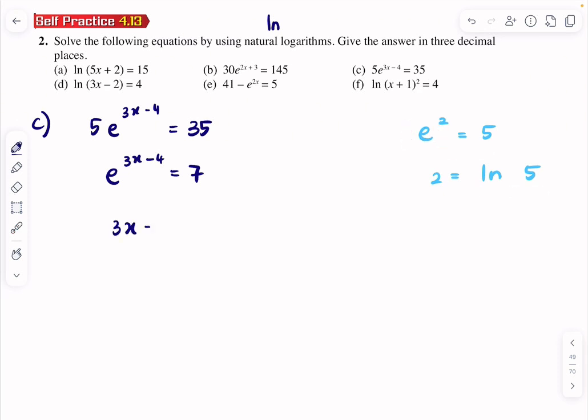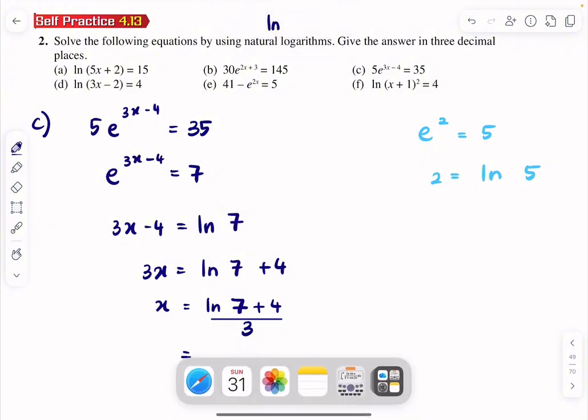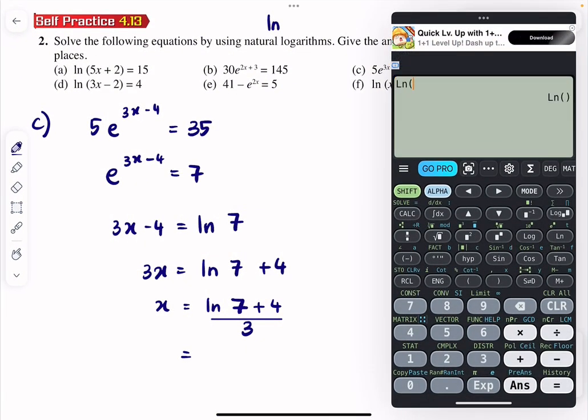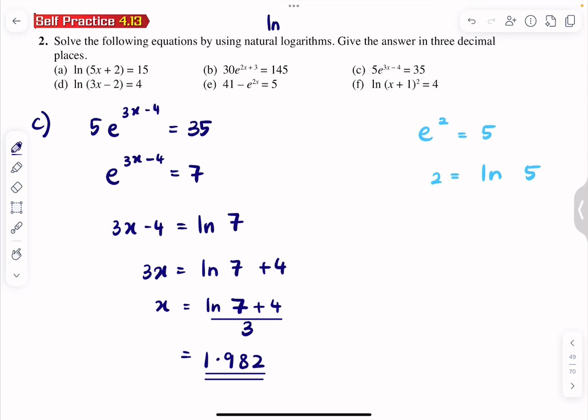So 3x minus 4 is ln 7. Then 3x is ln 7 plus 4. x will be (ln 7 plus 4) over 3. So ln 7 plus 4, divide 3. We get 1.982, correct to 3 decimal places. Done.